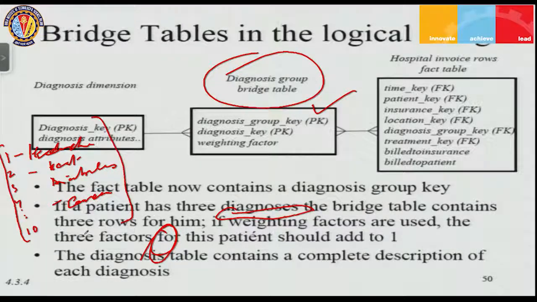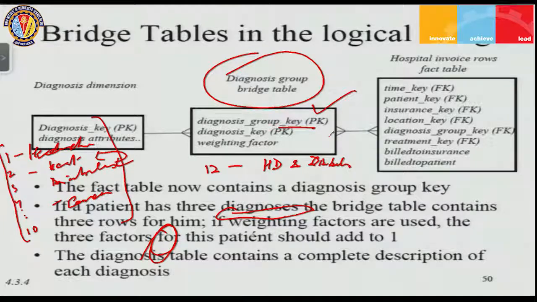I have 10 different diagnoses, so I'll have 10 such records, and then I'll have combinations of them. Suppose there's a person who is suffering from diabetes and also from heart disease. There'll be a key which is 12, which is nothing but a combination of heart disease and diabetes.